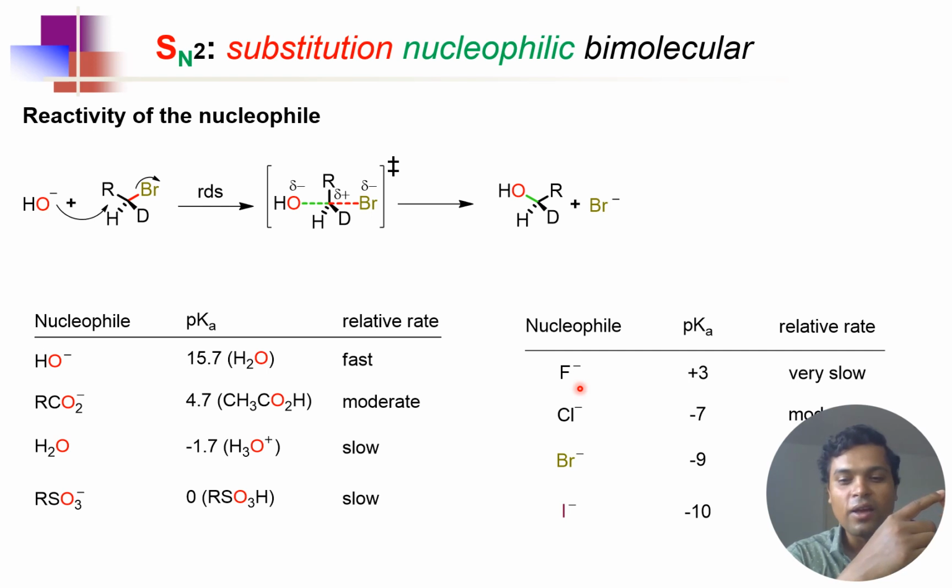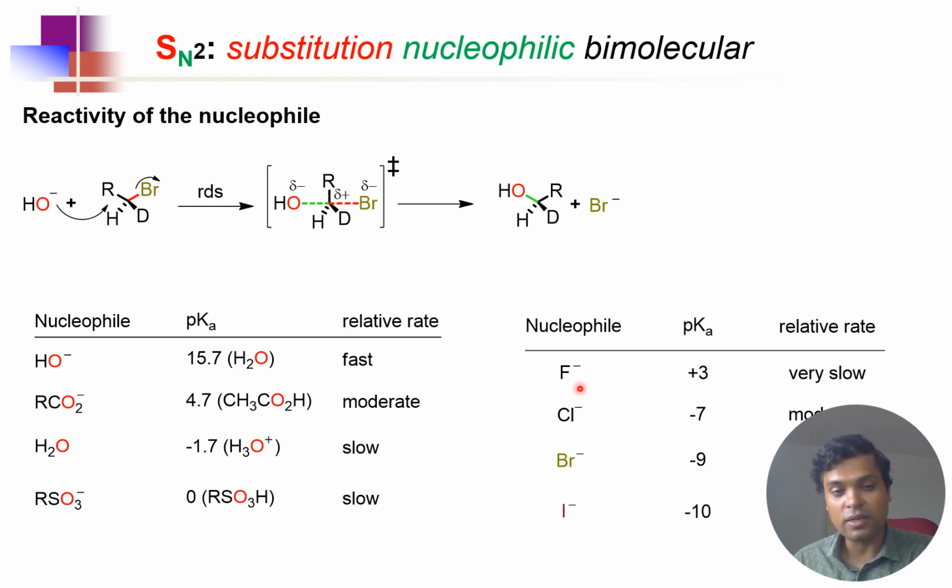Then chlorine: you decrease the electronegativity, you increase the nucleophilicity. For bromine, you again decrease the electronegativity and increase the nucleophilicity, and that goes on until iodide. This is another reason, which you might not see often in different books.